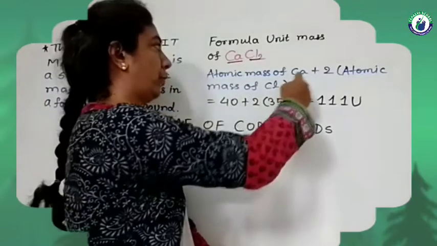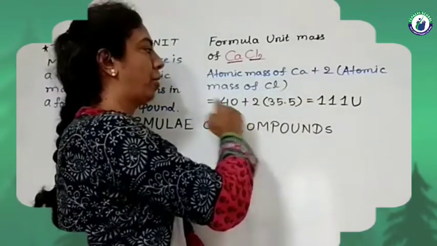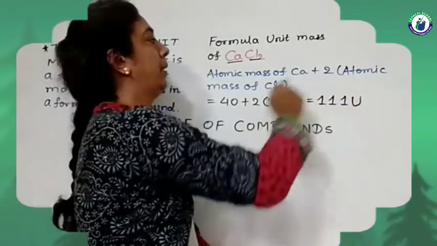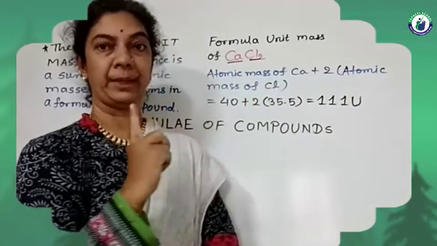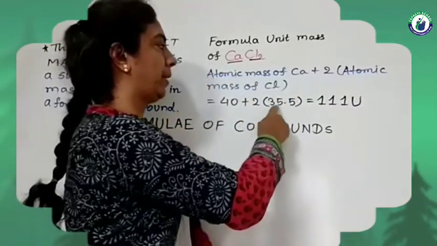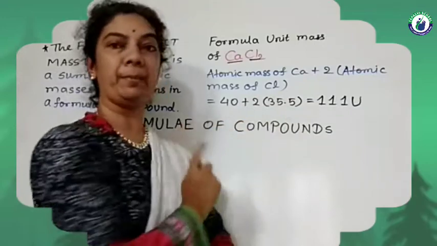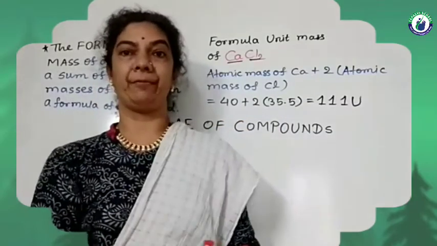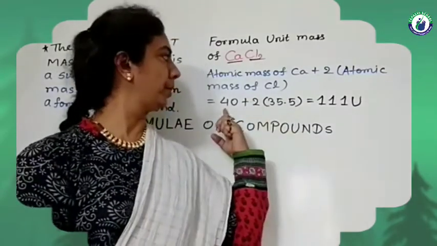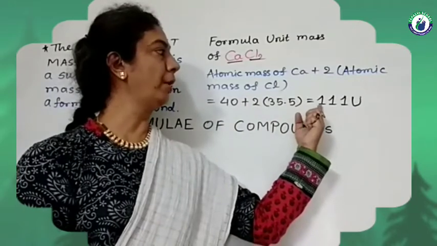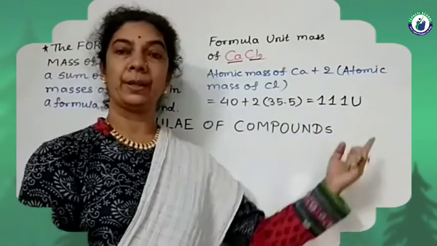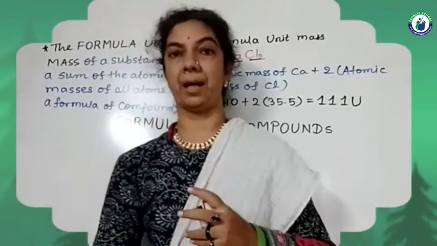Substitute the values: calcium has mass 40 and one atom of chlorine has atomic mass 35.5. Multiplied by 2, that is 71. 71 plus 40, the answer is 111 u, that is unified mass.